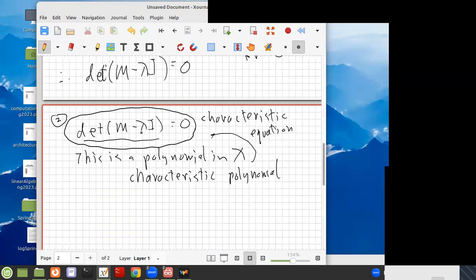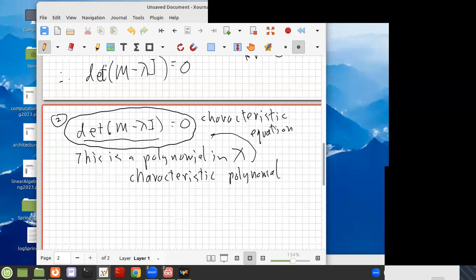It's going to turn out that over the complex numbers, we can always factor this. If the matrix is n by n, it's going to be an nth order polynomial, because at most there's going to be lambda to the n in it.